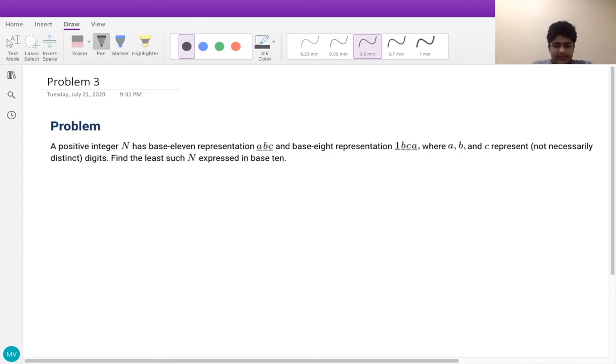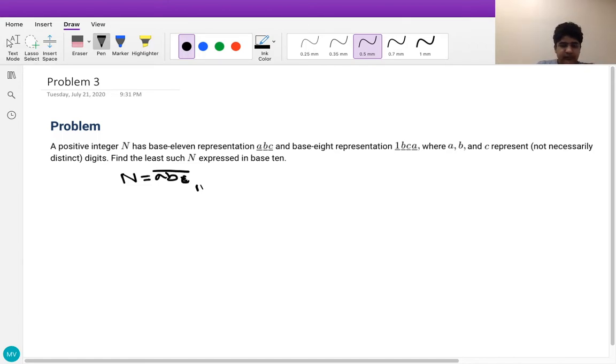Now, like what we do with most base problems, we want to convert these bases into base 10. So we first have that n is equal to ABC base 11, and we use this line notation to denote that A, B, and C are the digits of the number.